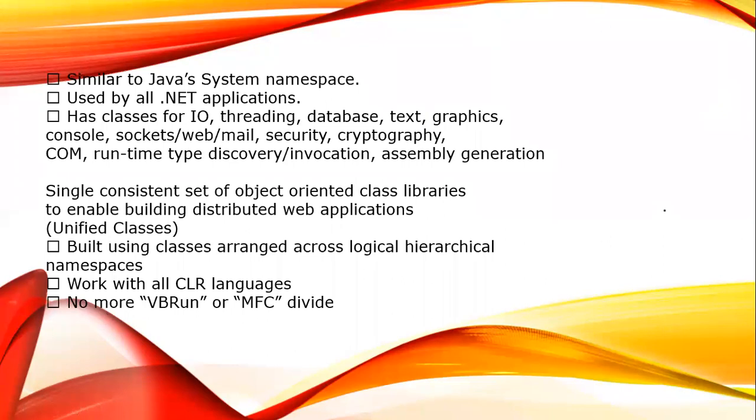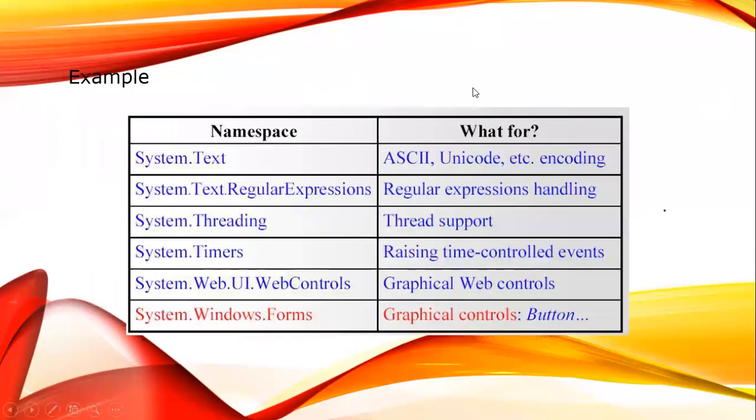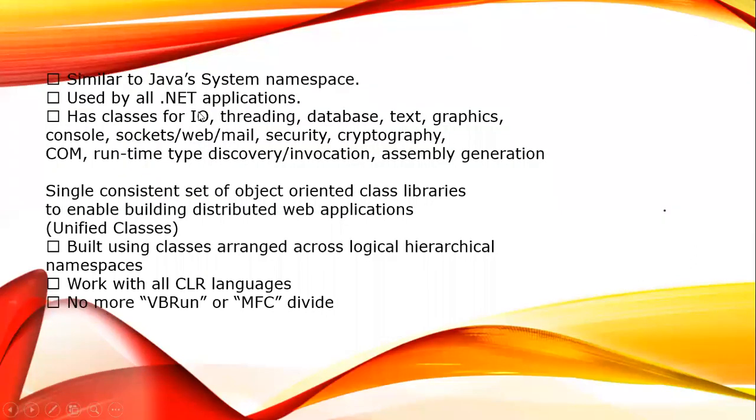A single consistent set of object oriented class libraries to enable building distributed web applications, unified classes, built using classes arranged across logical hierarchical namespaces, work with all CLR languages, no more VB run or MFC divide.